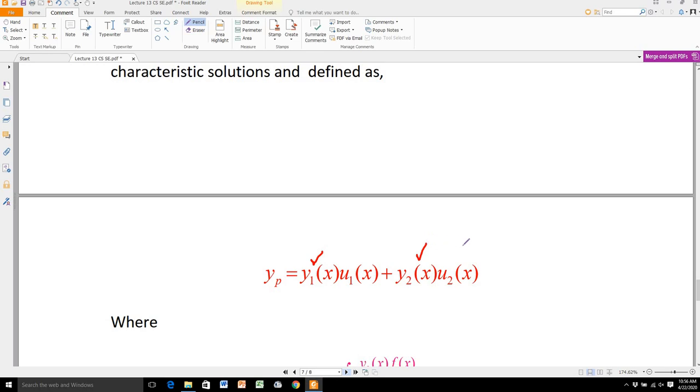As it is a second order linear differential equation, it produces only two roots.